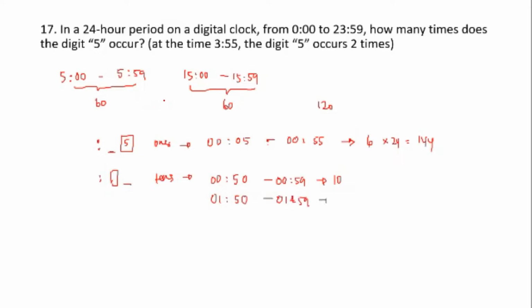It also appears 10 times. So every hour, the digit 5 appears 10 times in the tens place. So that means we can multiply 10 by 24 because there are 24 hours, 240. So how many times does the digit 5 appear in the time the clock shows? We can add all of them, 120 plus 144 plus 240. So that's equal to 504.